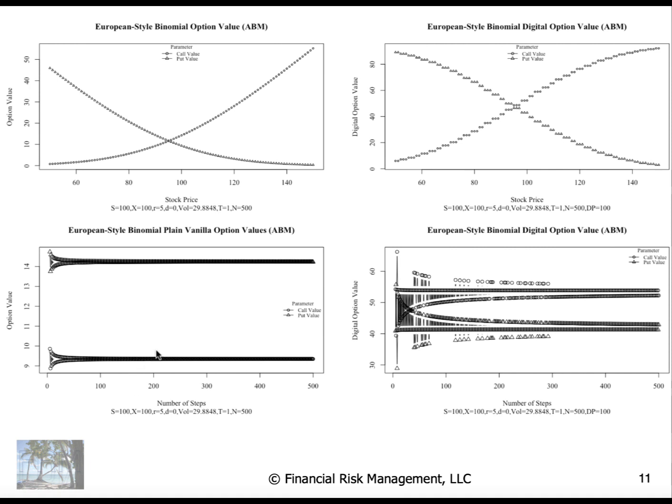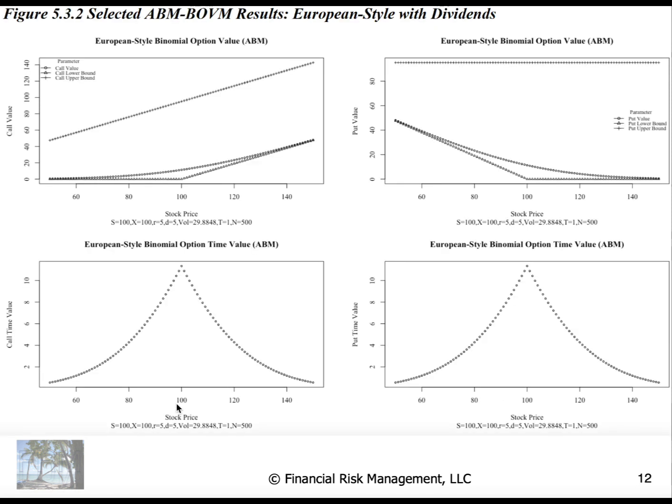Convergence, as the number of time steps go up, is very clean with plain vanilla options, a little bit noisy with digital options. When we introduce dividends, about the only effect is that the lower bound shifts to where the stock price equals the strike price.